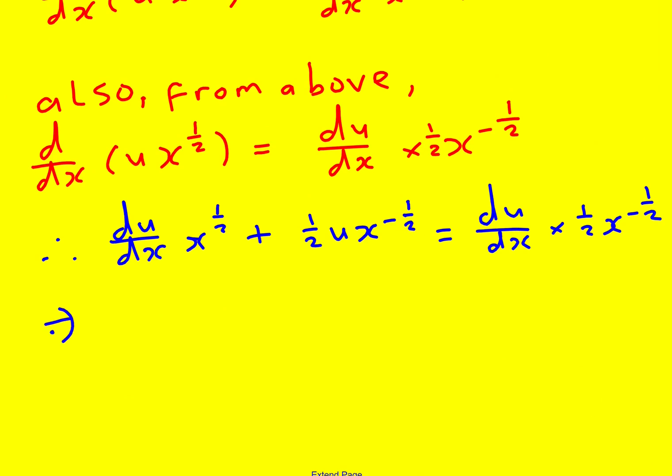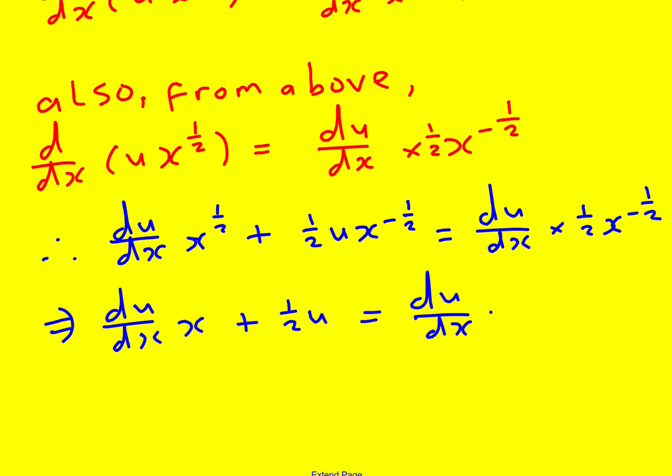So that means we're going to get du by dx times x plus a half u, because that will cancel out, equals du by dx times a half. And to be fair, I could also times through by 2. Get rid of these.